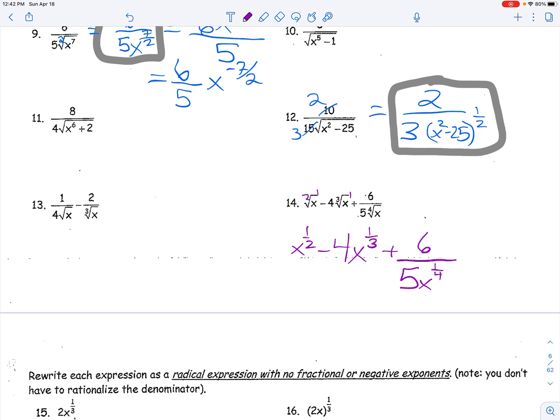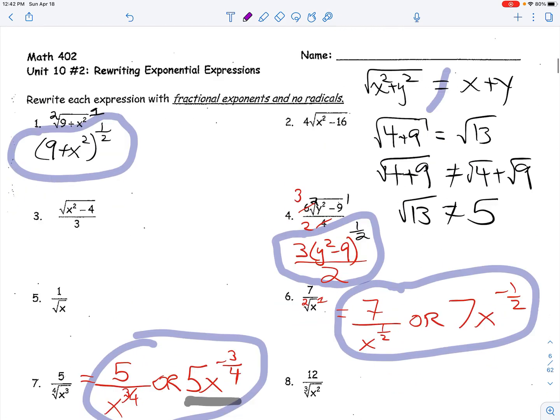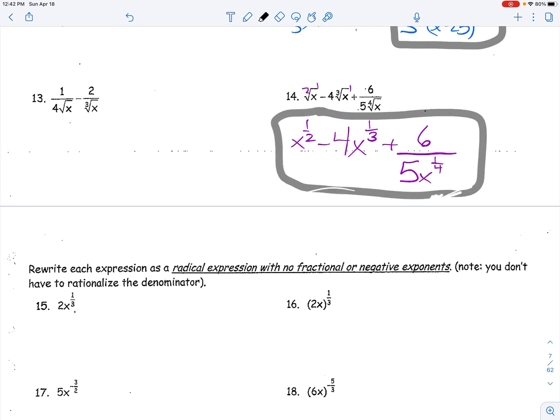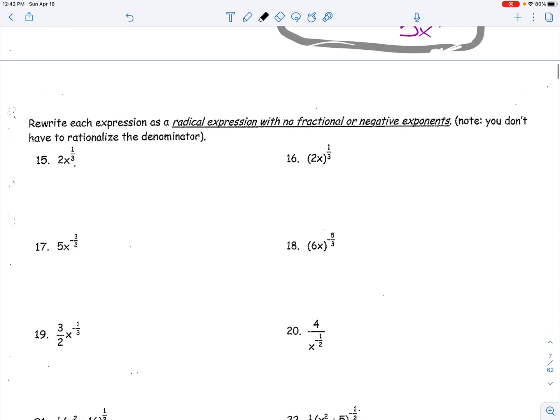Reverse power over root. And once again, you don't have to do anything here with the directions: no radicals, fractional exponents. If you wanted to move the x to the 1/4 to the numerator, you could, but you don't have to. All right, so there you go. Answer for 14. Let's see what we got on the next page now.